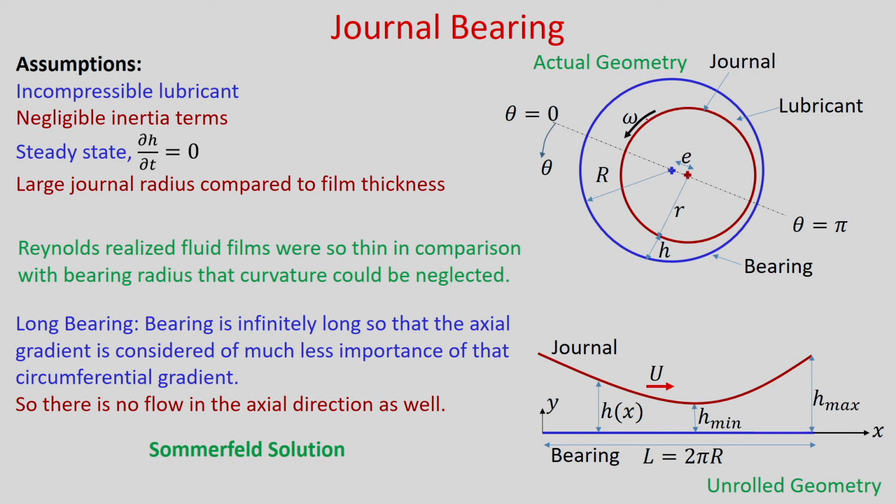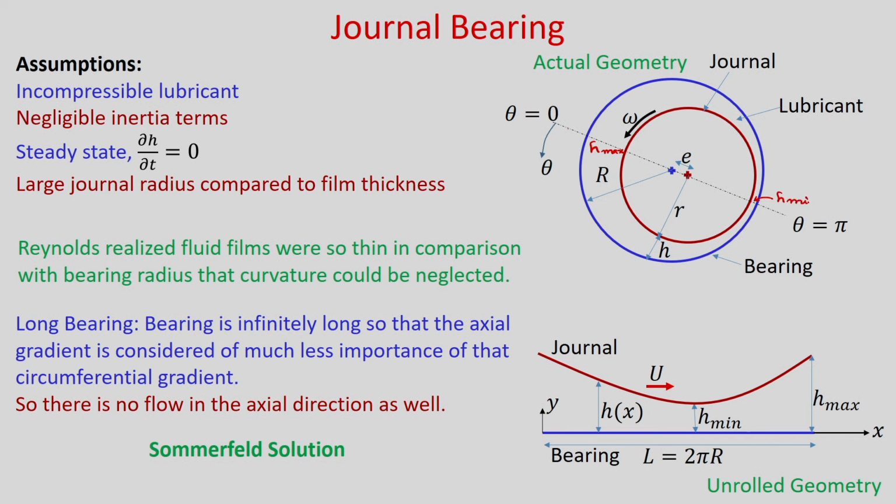When it rotates anticlockwise under the effect of load, this minimum thickness will occur slightly in the right direction, and you can see we have given a dotted line where theta is 0, where we have maximum film thickness H max, and here at theta equal to pi we have H min.